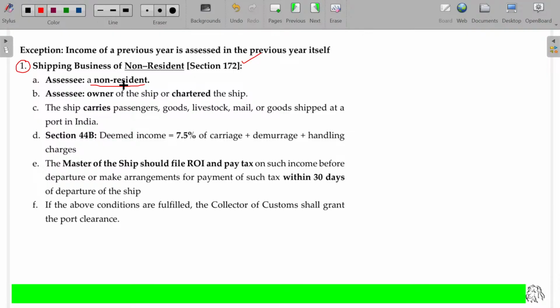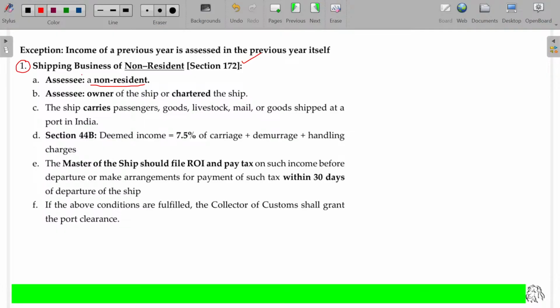We'll see that later on. Who is called resident, who is called non-resident, who is called resident but not ordinarily resident? We'll see all these things in a different concept called residential status under section 6. For now, the term non-resident means he is not usually residing in India.